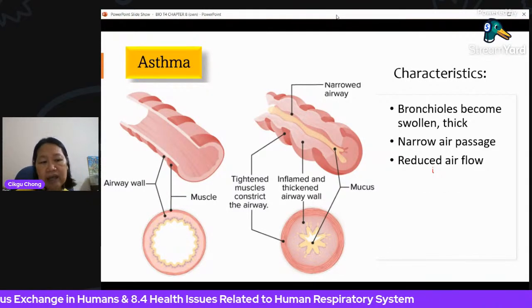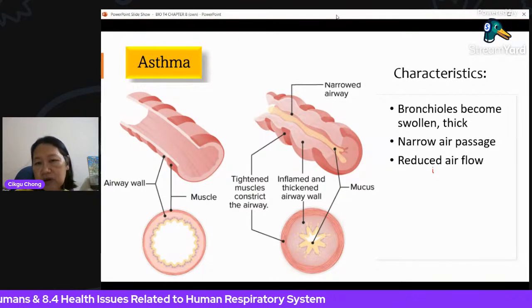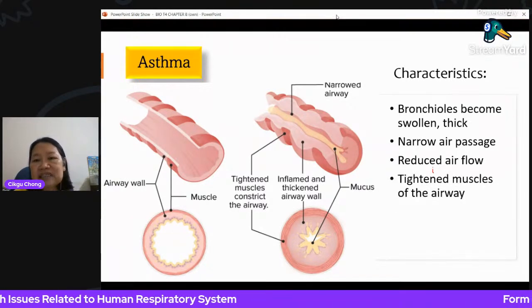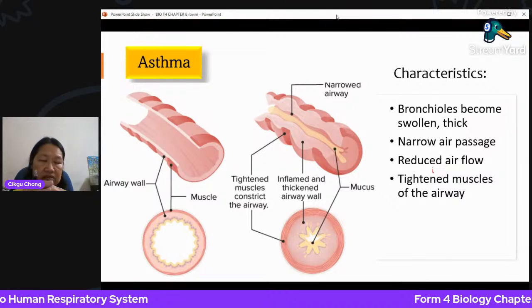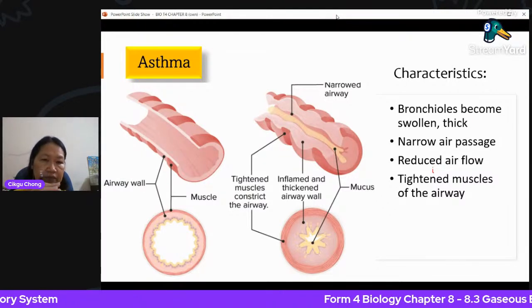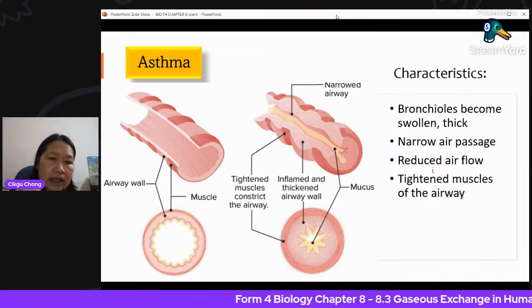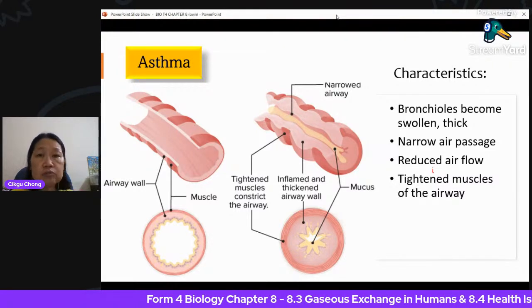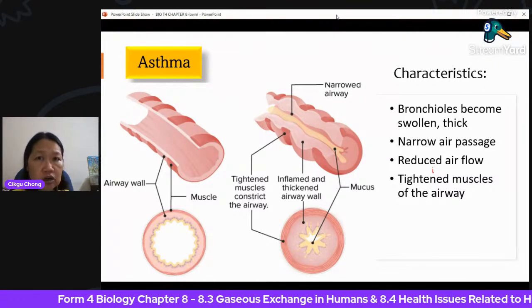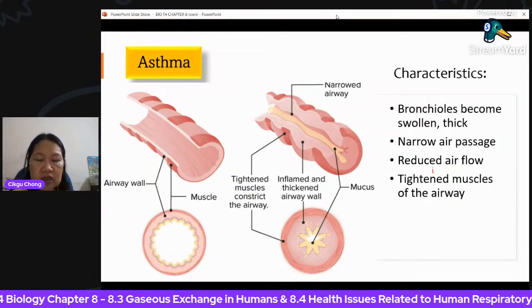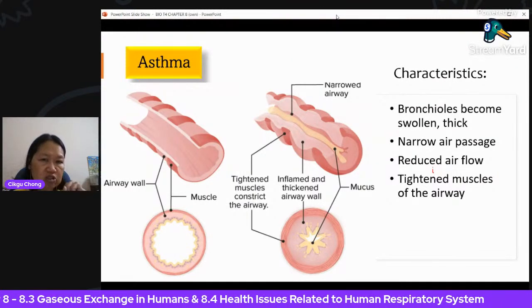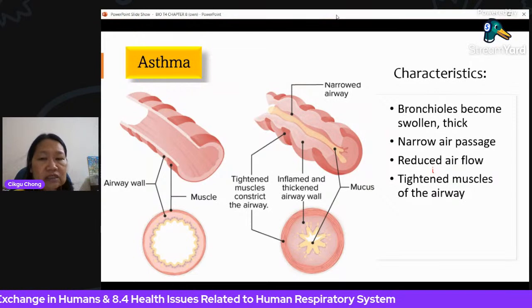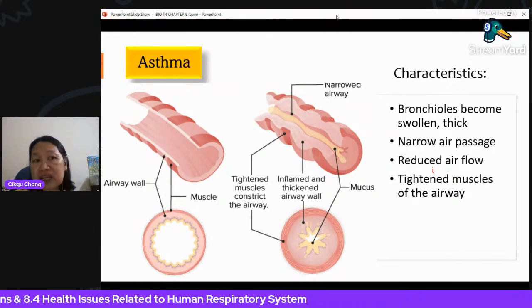Reduced airflow: the air that goes in is very little because of the narrow passage. Then the tightened muscles of the airway constrict or contract. You can't control it because it's smooth muscle. It's an involuntary action. The muscles get contracted, they squeeze and you can't relax, so you need medication to relax.